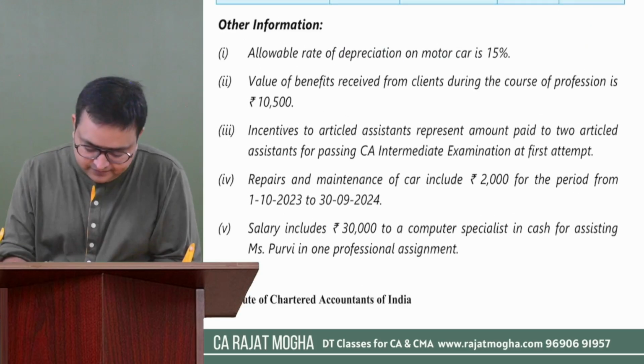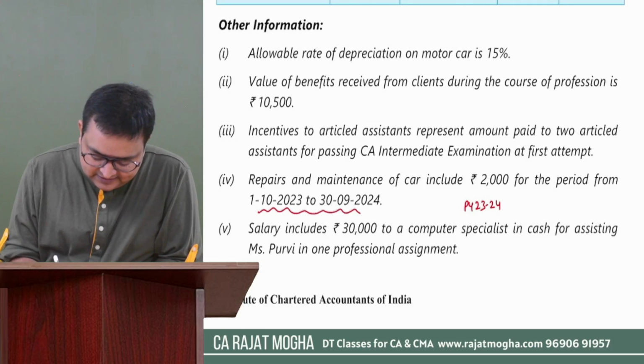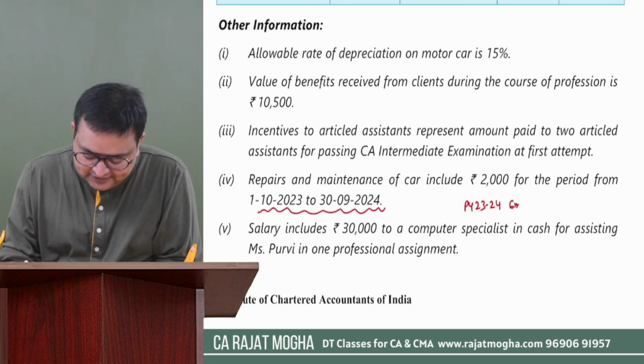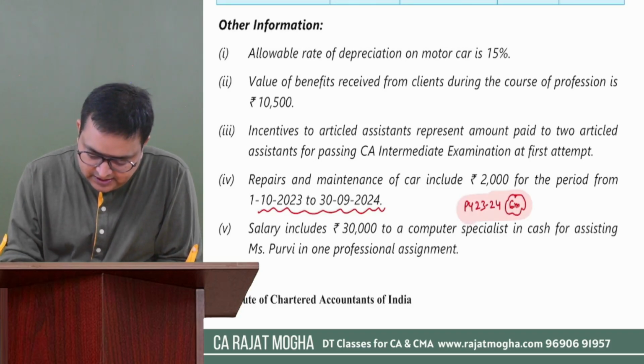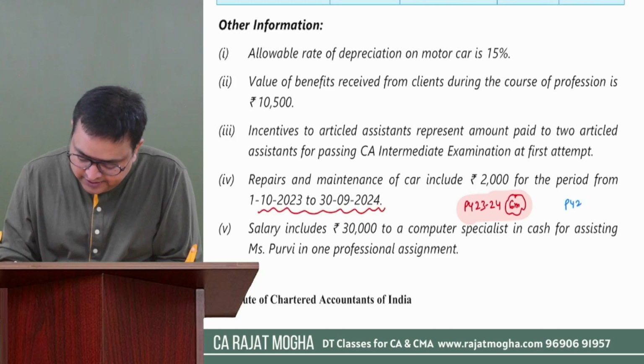Correct? See, we are doing previous year 23-24, and this particular period is of 1 year, but it comprises of 6 months of this particular year which we are doing. And the issue is that it consists of 6 months related to previous year 24-25 also, right? 6 months.